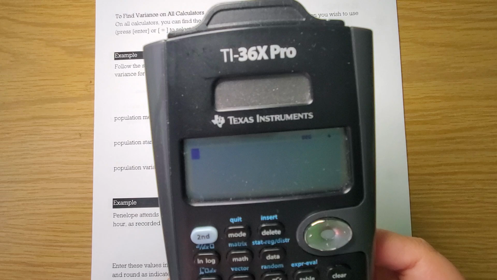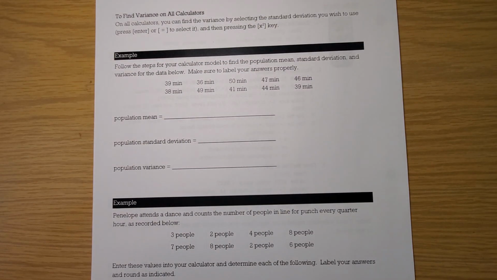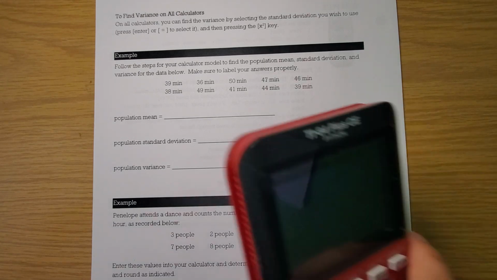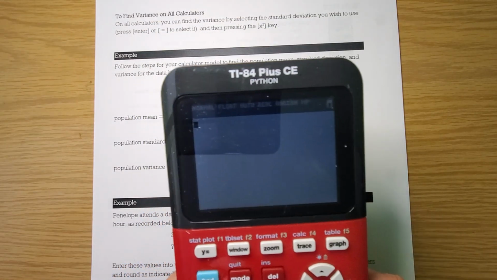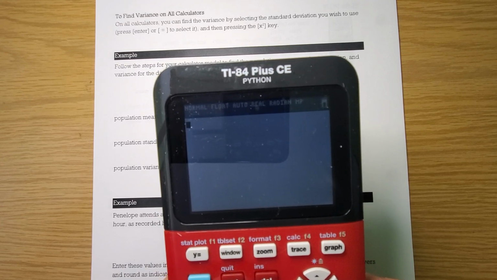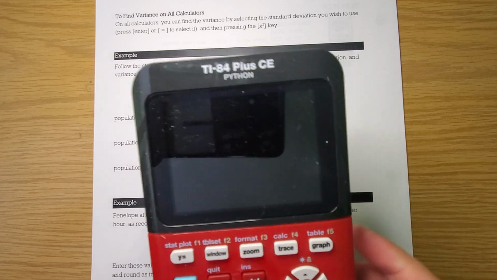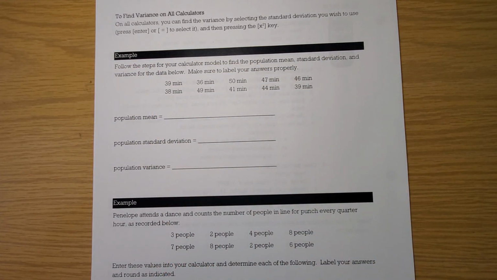I'll be using the TI-36X Pro as well. And then lastly, if you have either a TI-84 Plus or a TI-84 Plus CE or a TI-83 or a TI-83 Plus, that kind of calculator, we'll show you for this one. All right, so go ahead and find the timestamp for your calculator, and we'll go ahead and find these values.